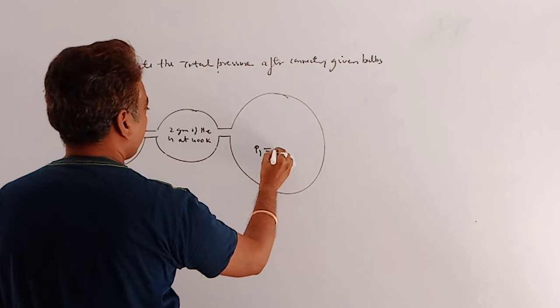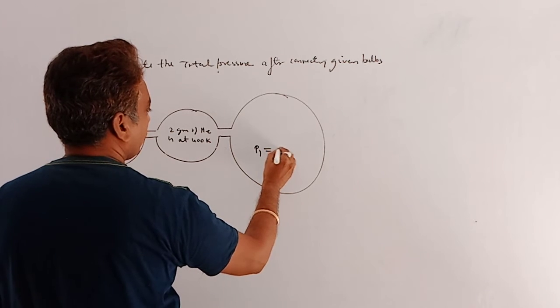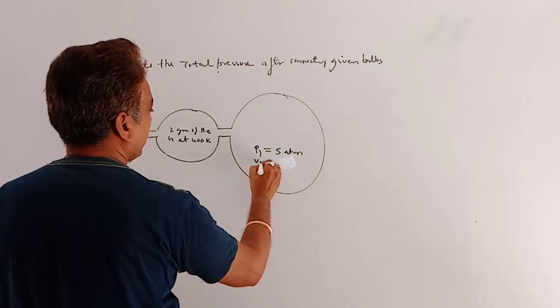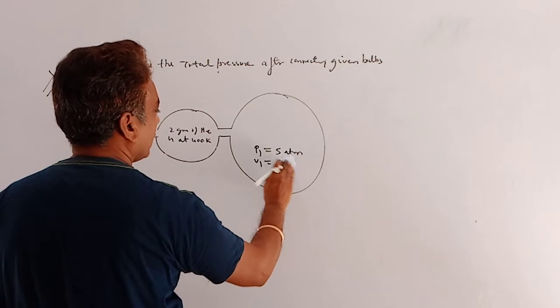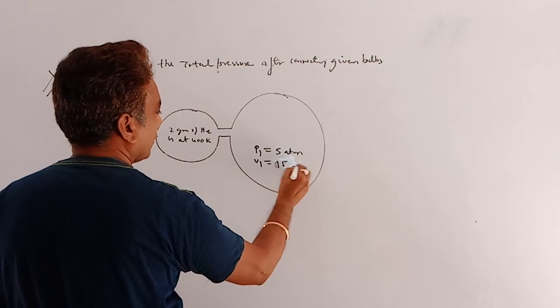P1 will be 5 atmosphere and V1 will be 15 liter.